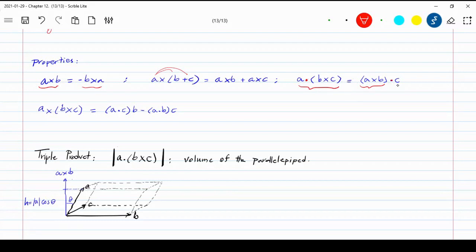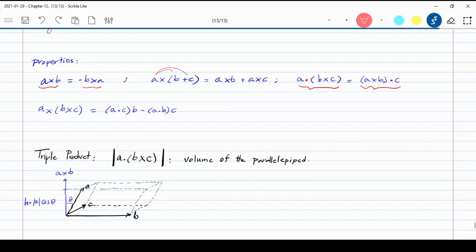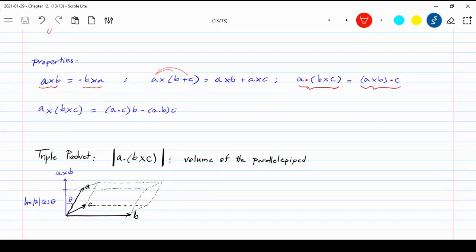It's a useful tool for calculating volume. I will show you in a second. But A dot B cross C and A cross B dot C are exactly the same value. And that value turns out to be a certain volume.